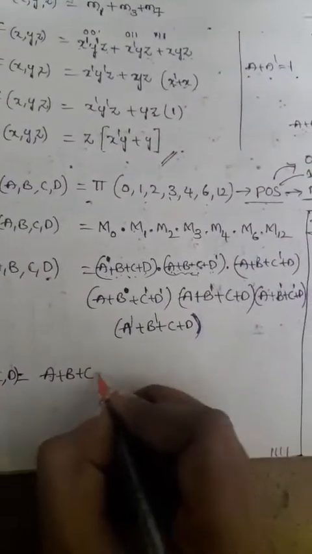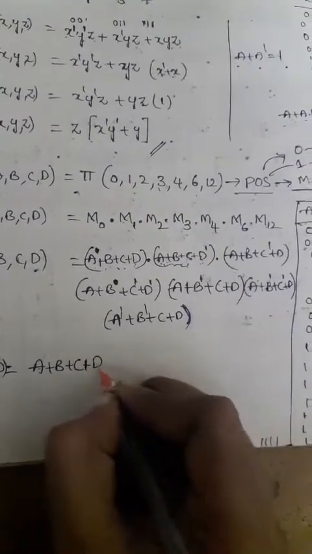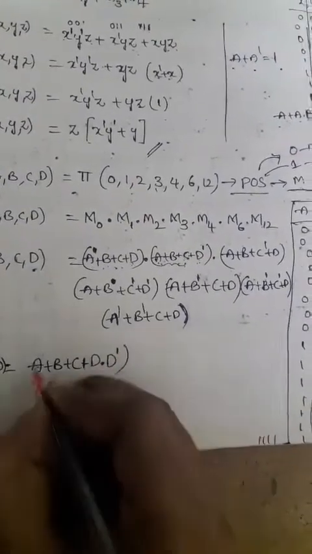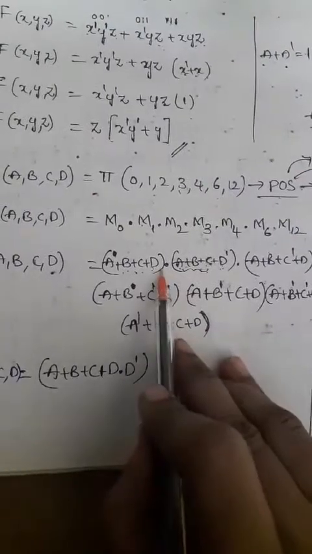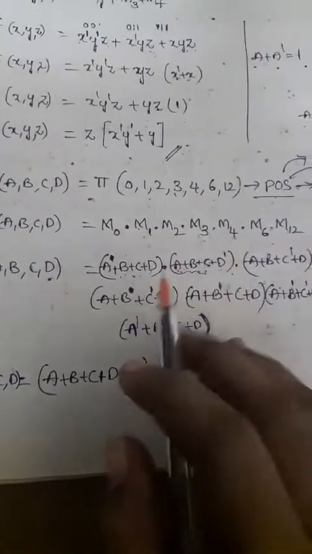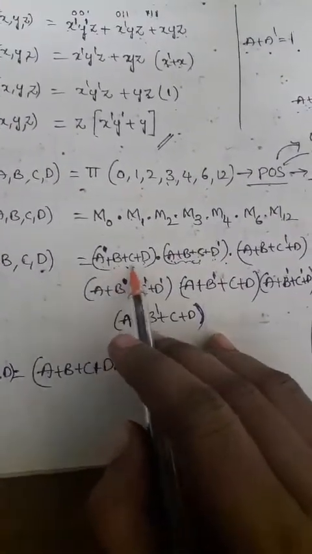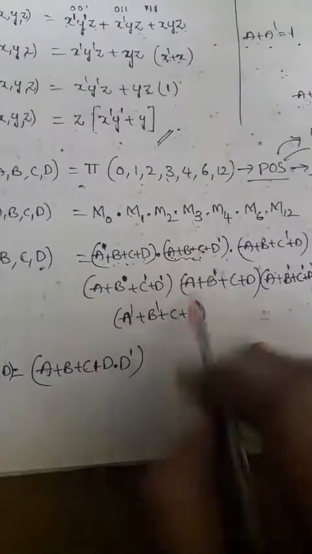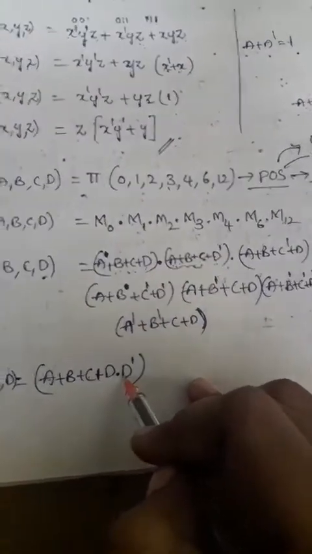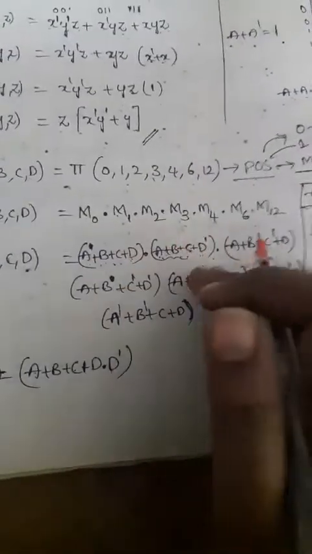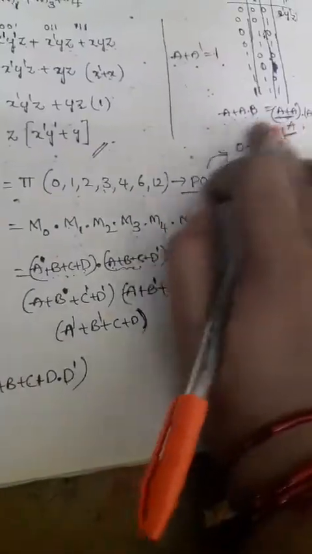A plus b plus c plus d into d complement. That means I can take a plus b plus c as common, and in between these two I write d into d complement. Why am I writing this equation like this? By using the distributive law.